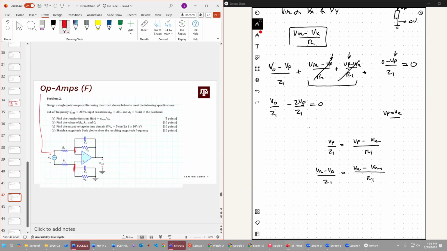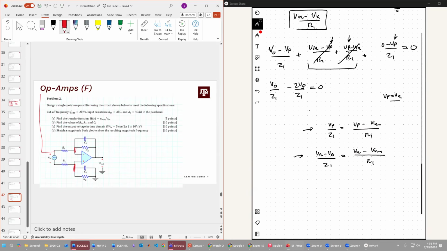So you get these two equations, you solve for Vp and Vn on the top and the bottom. So for here, we're going to get Vp over Z1 minus Vp over R1 equal to minus Vn minus over R1, something like this.